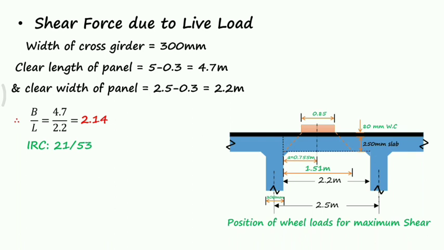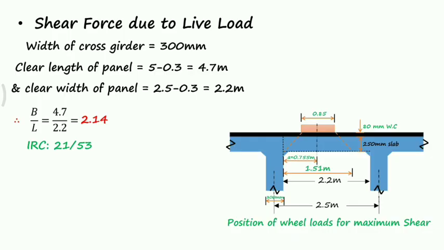As per IRC 21, page number 53, for the continuous slab, for 2 and above the value is 2.6. So alpha is 2.6, whereas B1 is 3.6 plus thickness of wearing coat multiplied by 2. So 3.6 plus 2 into 0.08 will give 3.76 meter.